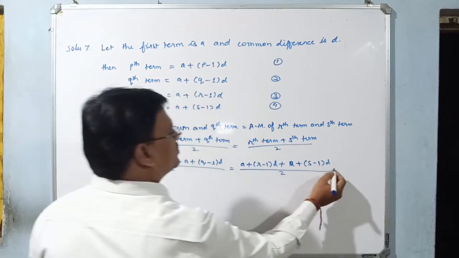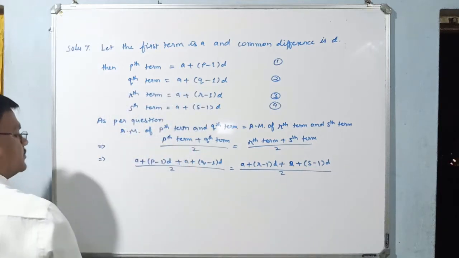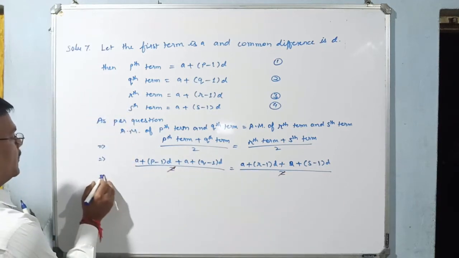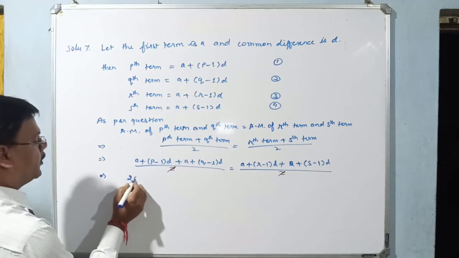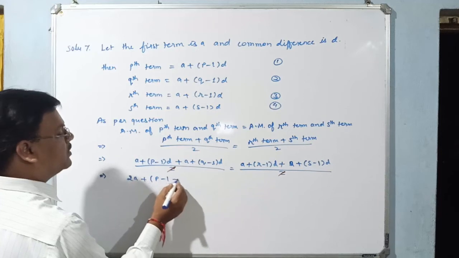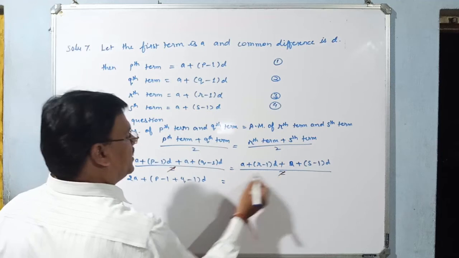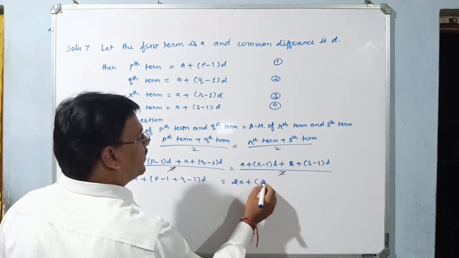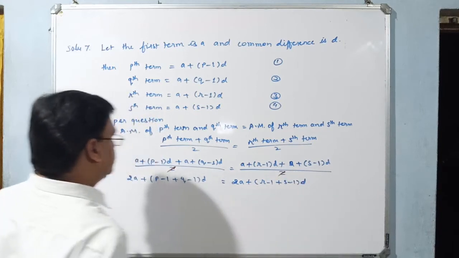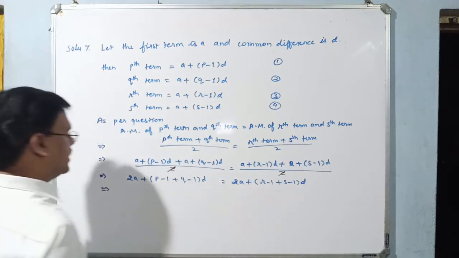If 2 transposes to the right side, multiply 2 to cancel. a plus a is 2a, and d common, p minus 1 plus q minus 1 into d. a plus a is 2a, r minus 1 plus s minus 1, d common. If 2a transposes to the right side, 2a minus 2a cancels.